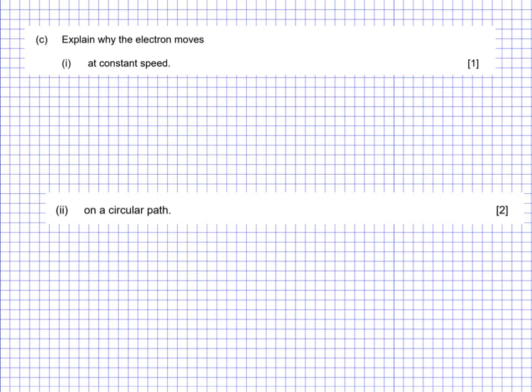Recall that the electron, let's say it's here, is moving instantaneously with a velocity that is horizontal to the page, but of course there's a force acting on it, which means that it's going to go in a circular path.